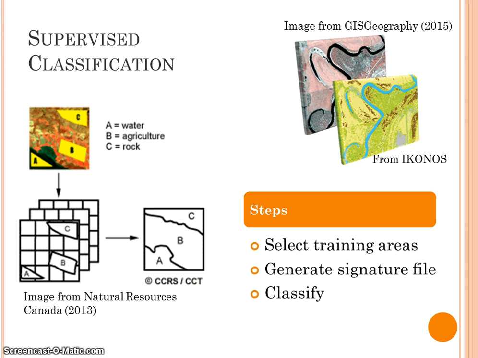Quote, the classification of land cover is based on the spectral signature defined in the training set. The digital image classification software determines each class on what it resembles most in the training set. The common supervised classification algorithms are maximum likelihood and minimum distance classification. End quote.